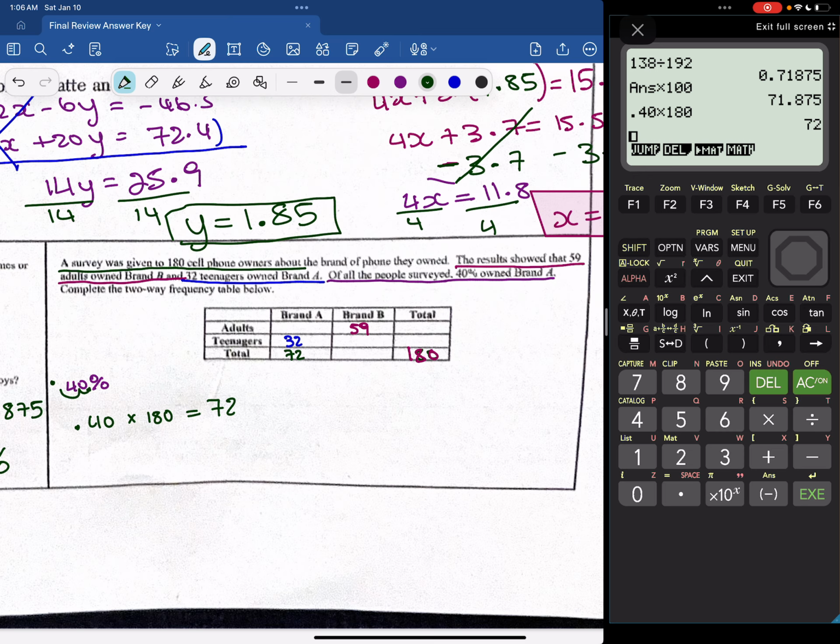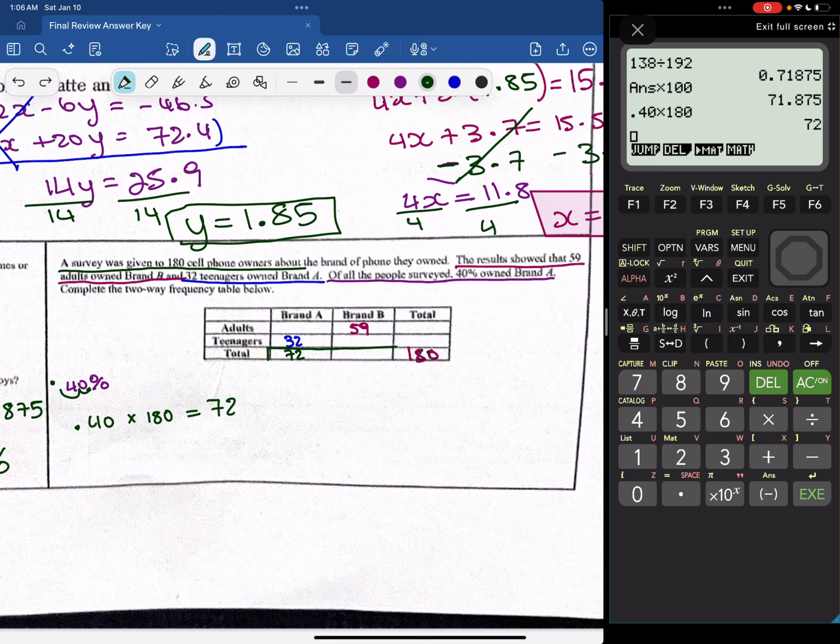Now that we've filled in all of the information that was given to us, we can use that to calculate the missing information in the table. That's very easy. If we're missing a spot, we take the total and subtract what's given to us. So if we're trying to find this little piece right here, we would do 180 minus 72, right?